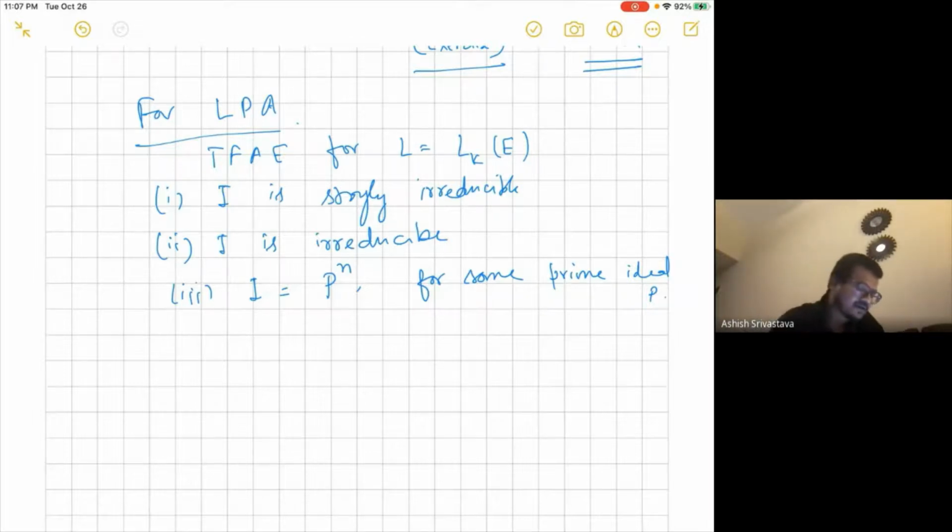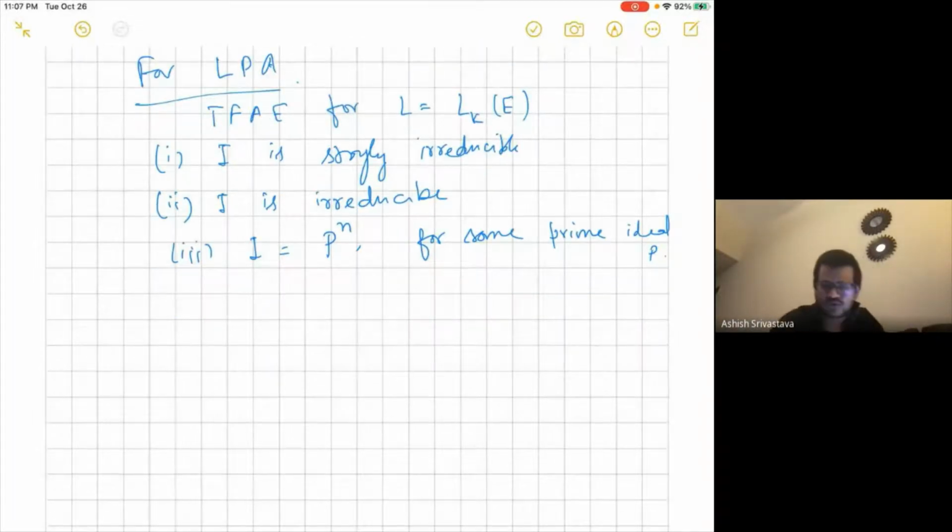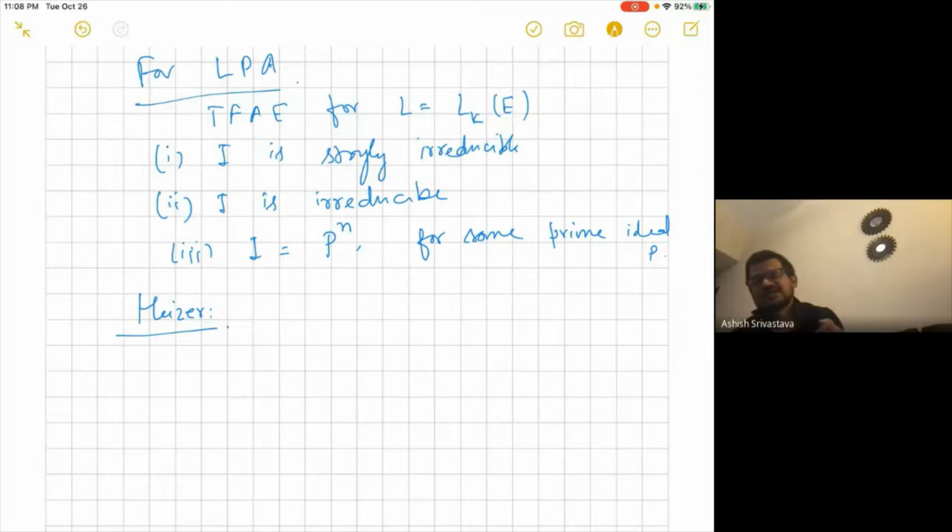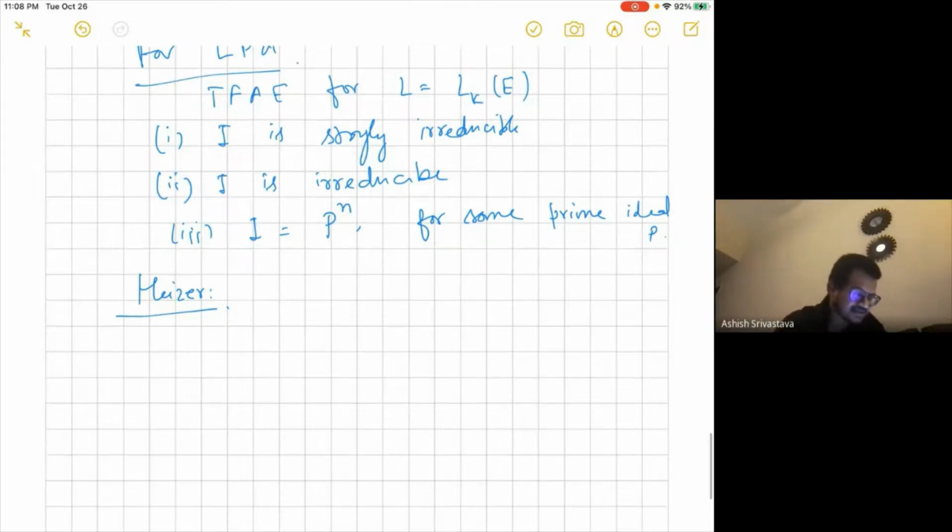There is an old question of William Heinzer where he asked under what conditions every ideal in a commutative ring is an irredundant intersection of irreducible ideals. And again, my student in her dissertation has given a complete answer for this in the case of Leavitt path algebras. I'll just quickly mention her result. I think that's a beautiful result.